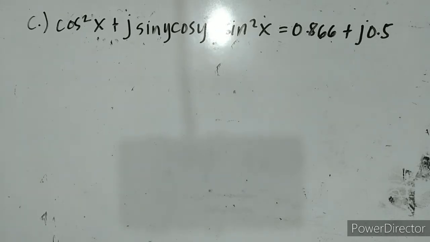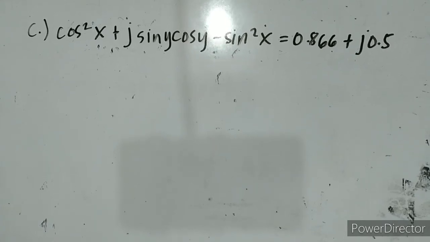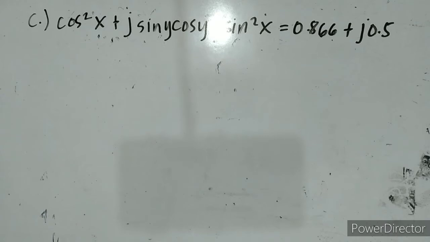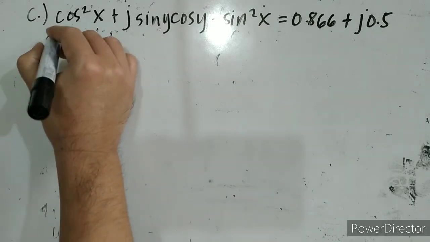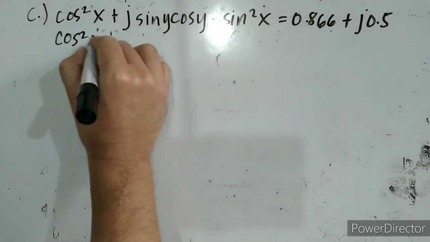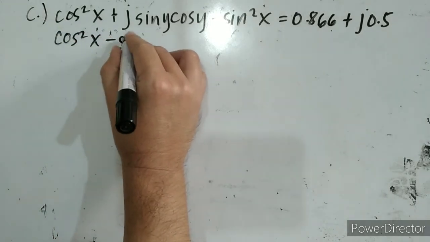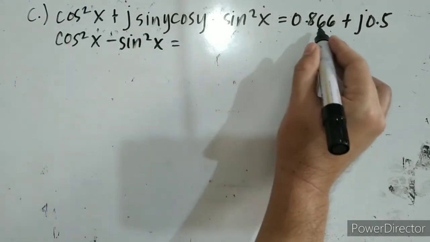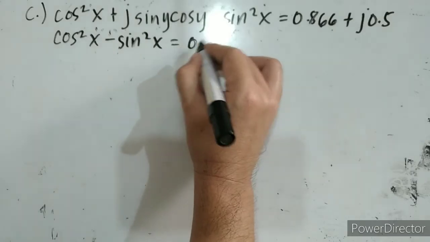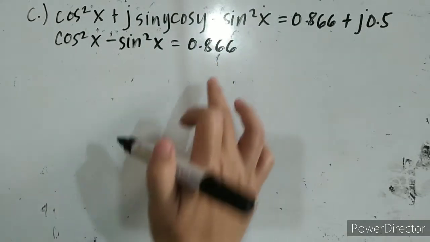So here again, Theorem 2 of complex numbers states that if two complex numbers are equal, we can equate their real parts as well as their imaginary parts together. So we have cosine squared x minus sine squared x, so this is the real part, and equate it to the real part of the other side, which is 0.866.